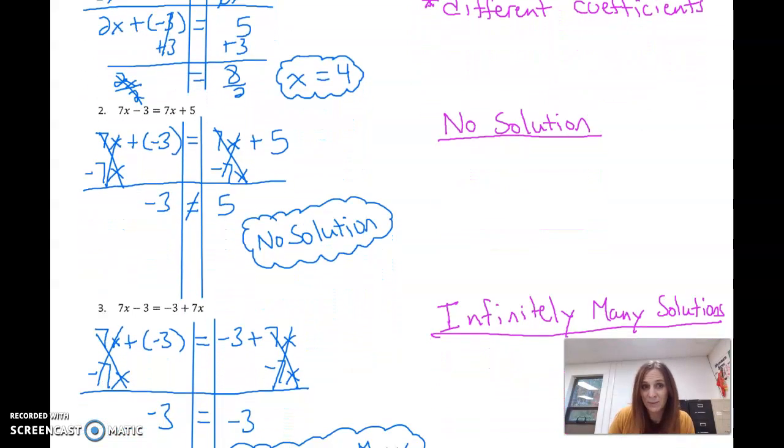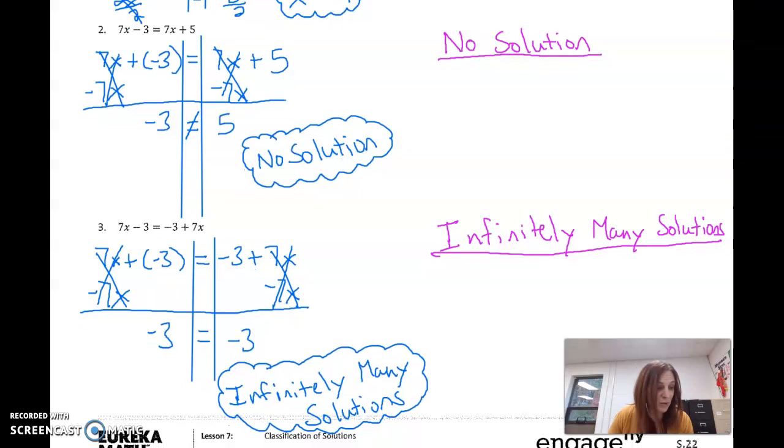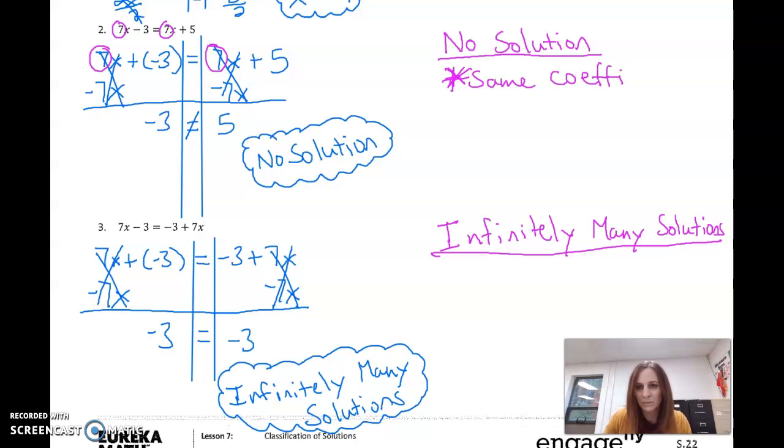No solutions. Okay, there's going to be 2 characteristics of no solutions. In this case, once it's simplified here, or even in the minus up here, if they have the same coefficient, so same coefficients. Look down here.